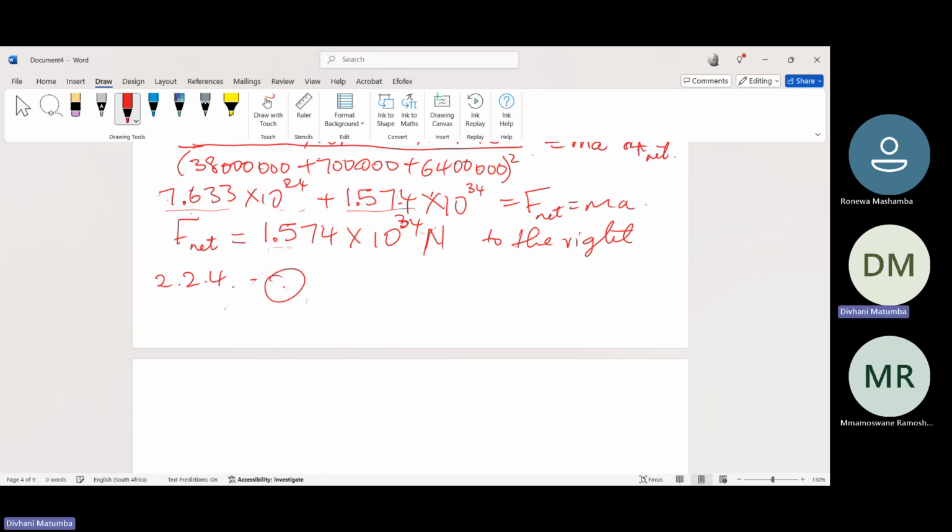We have two planets, planet A and planet B. They both have a charge.